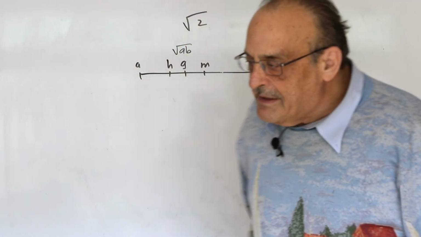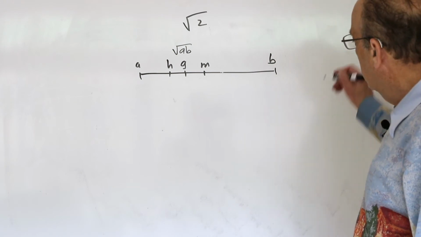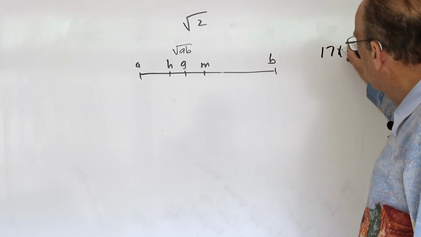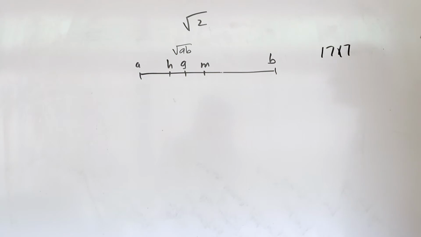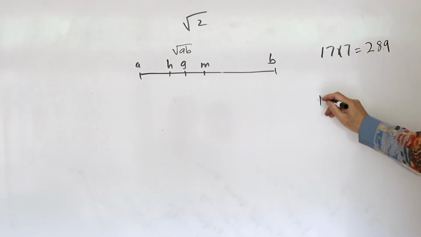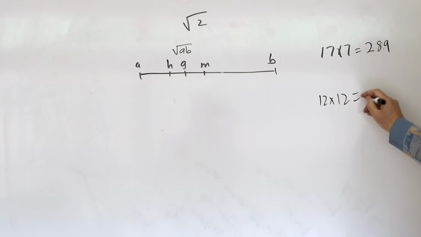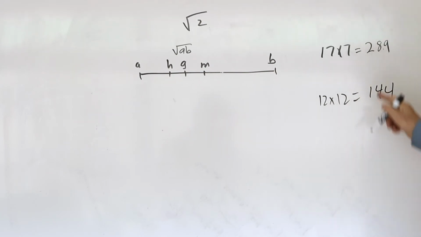a lot of years of doing math that 17 times 17 is 289, and 12 times 12 is 144, and that's almost twice as big as that.